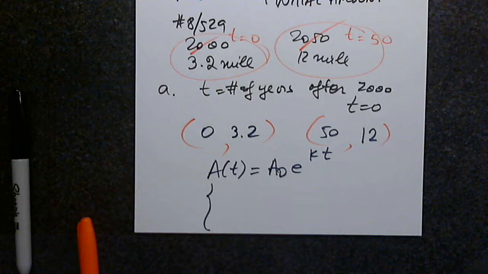Just tell me the idea. When t is 0, A of 0 is, yeah, that's it. When t is 50, A of 50 is, that's it. I would like you to put those 2 points in and tell me what to write.